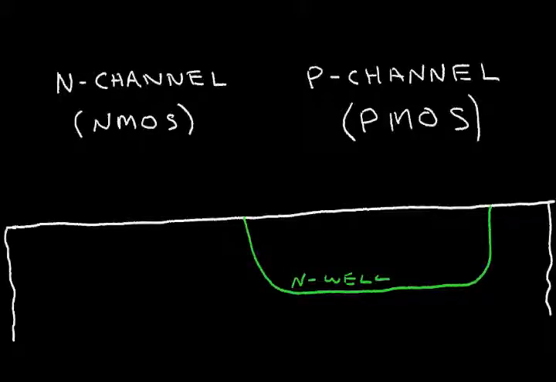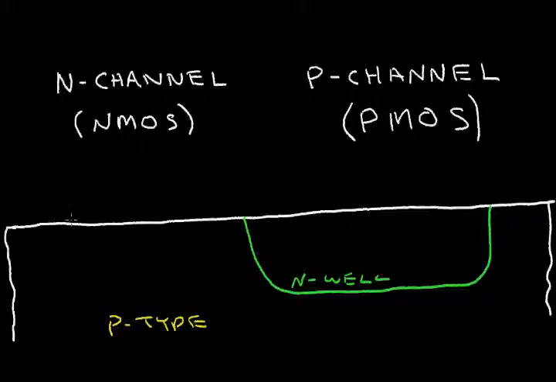And let's say that the wafer is P-type material. Now this N well is going to hold the P-channel or the PMOS transistor, and the P-type wafer will hold the N-channel or the NMOS transistor.